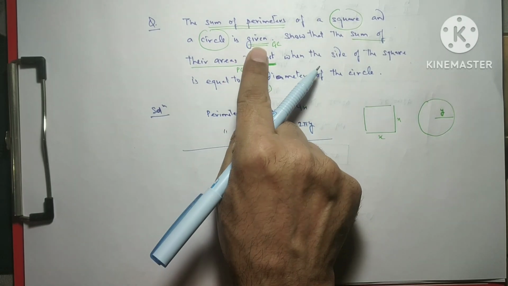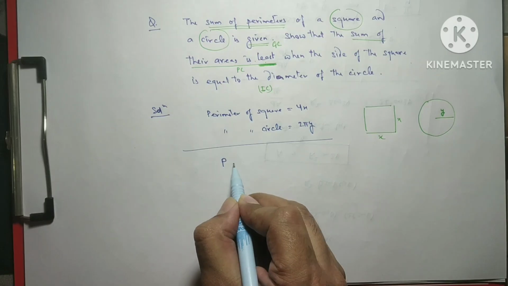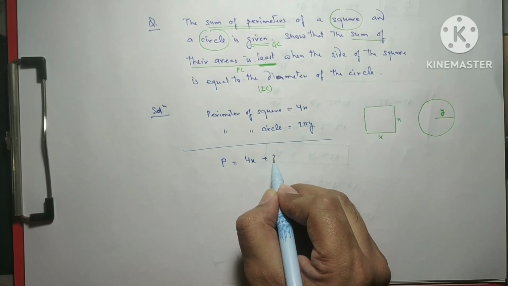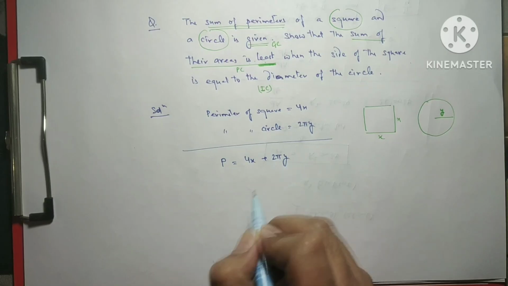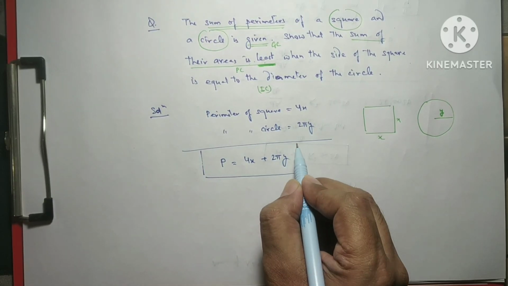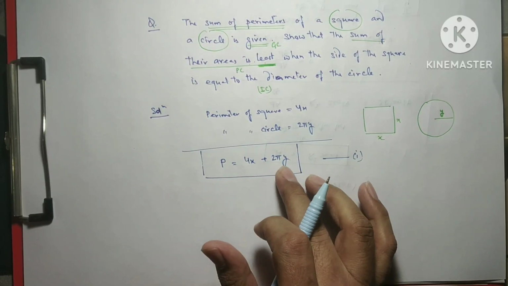So the given condition is the sum of perimeters. Let us consider P equals 4x plus 2 pi y. So this is the first equation in terms of two variables.